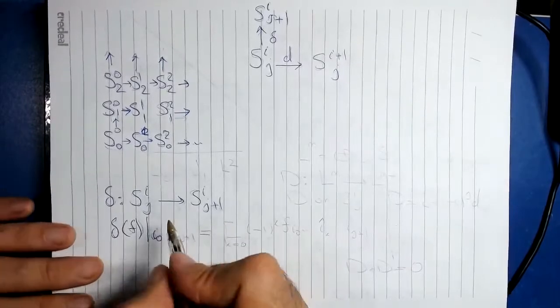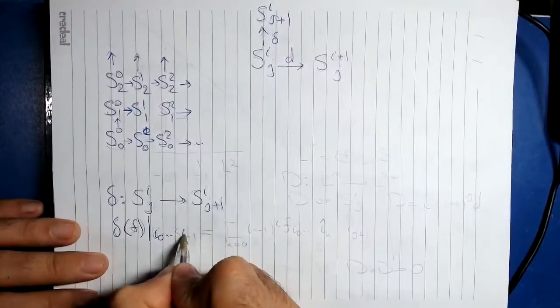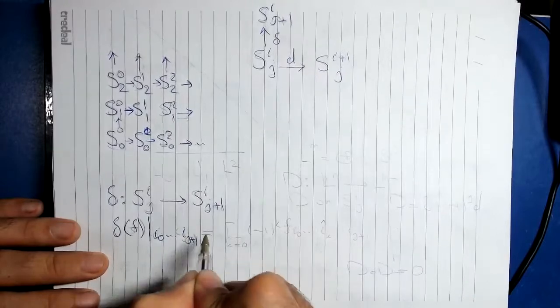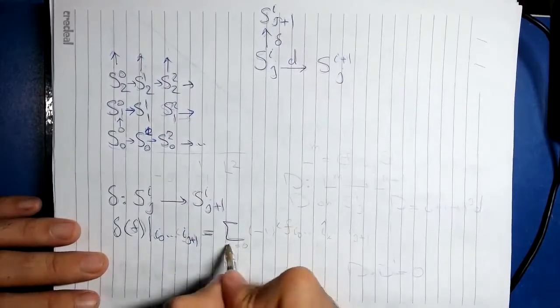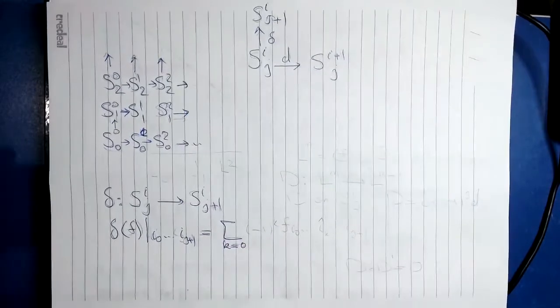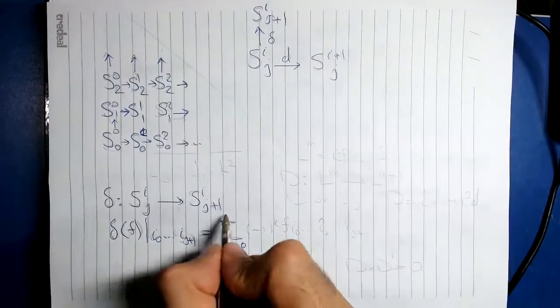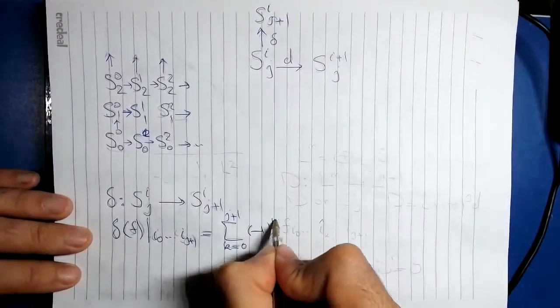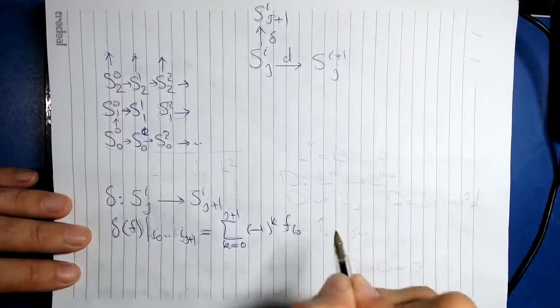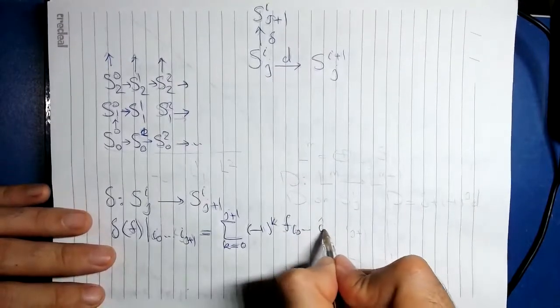So it is in the intersection of j plus 2 open sets. It is just defined as the sum over k from 0 to j plus 1 of (-1)^k times omega_{i0,...,i_k removed,...,i_{j+1}}.